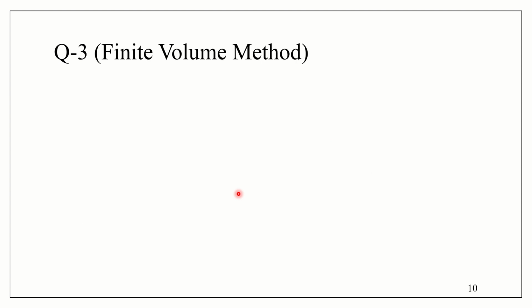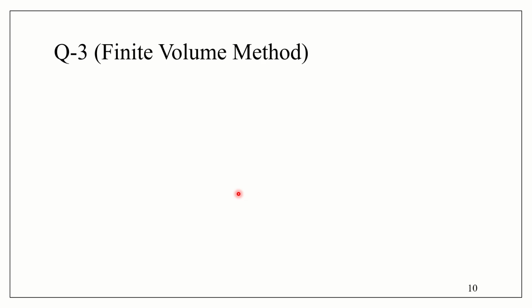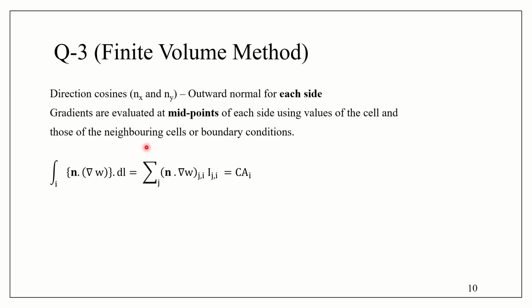So we'll just see how we can discretize it based on the finite volume method. What is the finite volume method? The discretization is based on direction cosines and gradients. The direction cosines are the outward normal for each side, so we are evaluating at each side. The gradients are evaluated at midpoints of each side using values of the cell and those of neighboring cells or the boundary conditions.